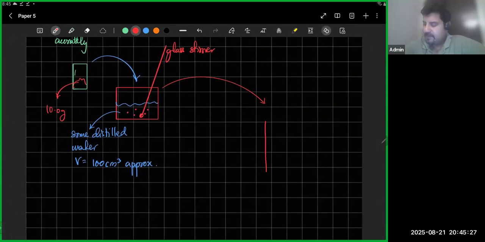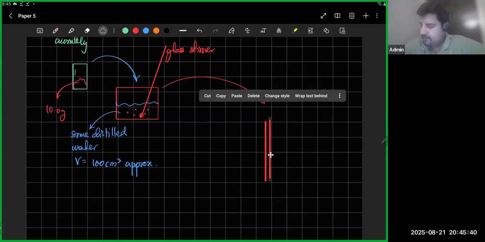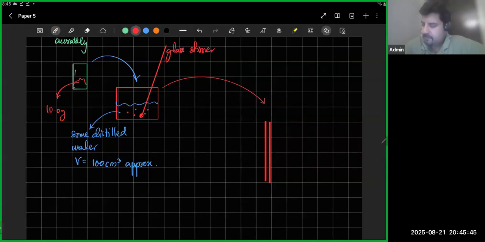So your volumetric flask is the long cylindrical one.